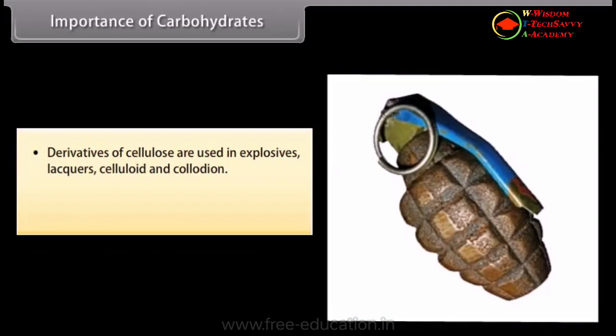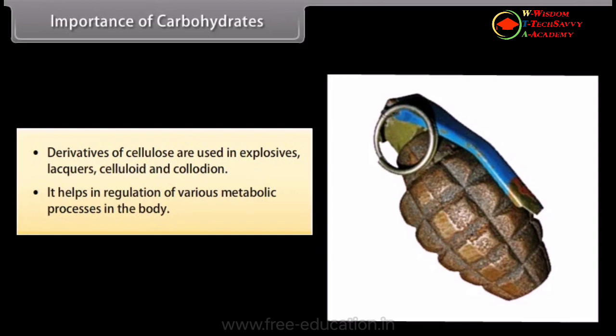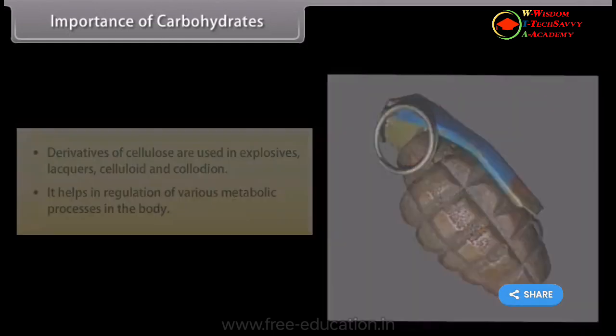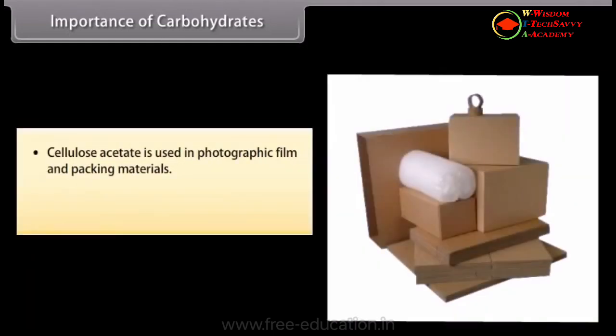Derivatives of cellulose are used in explosives, lacquers, celluloid, and collodion. They help in regulation of various metabolic processes in the body. Cellulose acetate is used in photographic film and packing materials. Carbohydrates are present as the storage form of food in plants as starch.